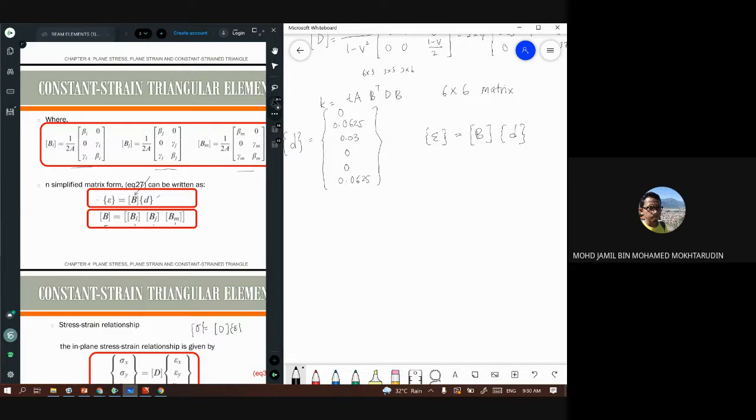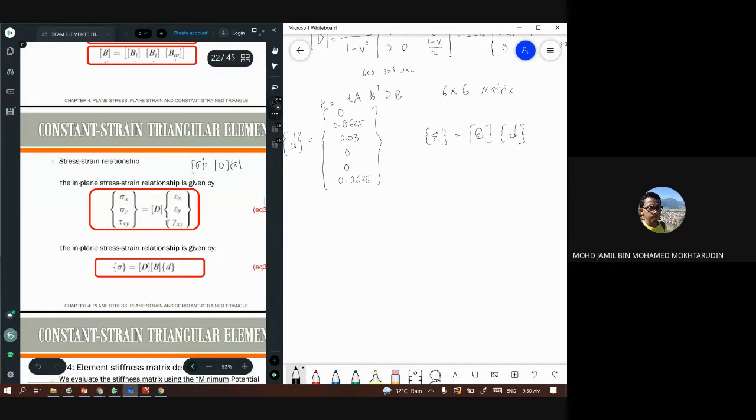After you find your strain, you can use this formula to find the stresses: stress equals D times strain.